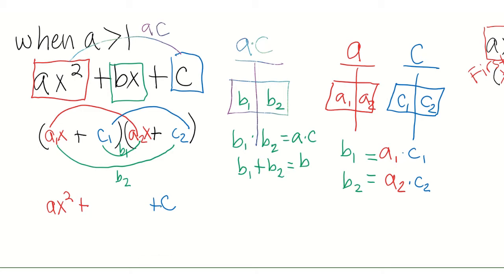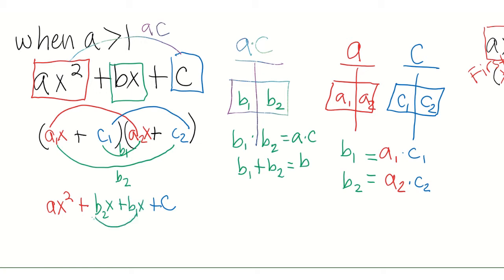And then for my b's, when I multiply my A1x times C2, that's going to give me my b2x. And when I multiply my c1 times a2x, that's going to give me my b1x.